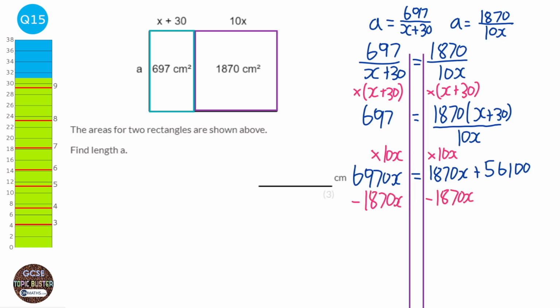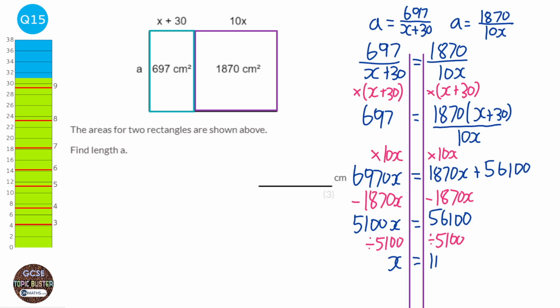And that will leave 5100x on the left hand side, and then obviously we've got the 56,100 on the right hand side, and we want to get rid of the 5,100, so we're just going to divide both sides by 5,100, and so we've got x equals 11.